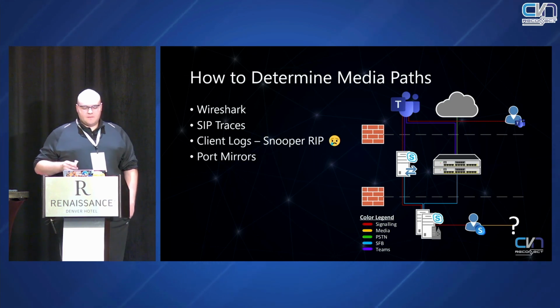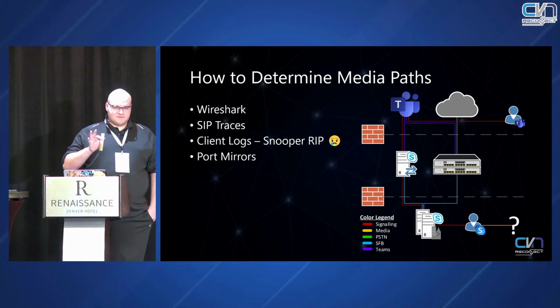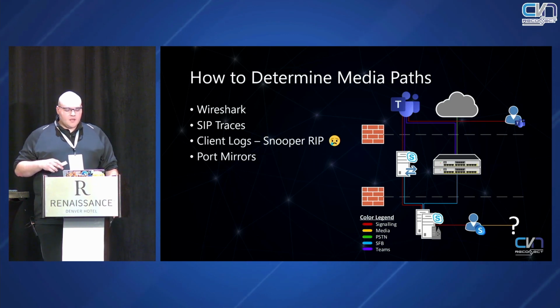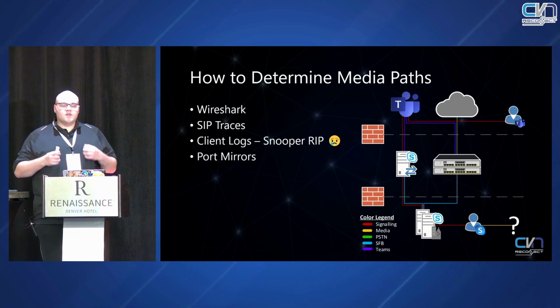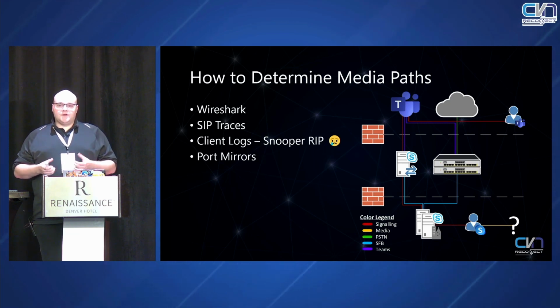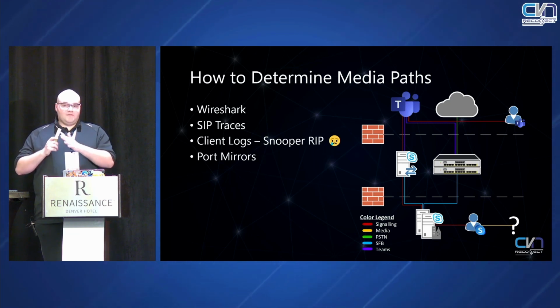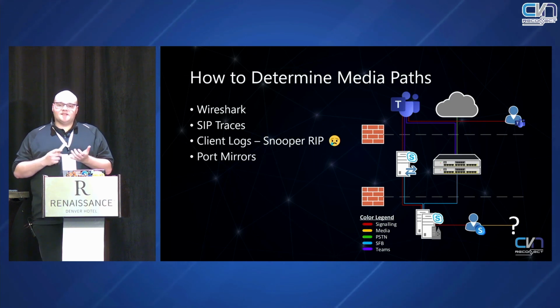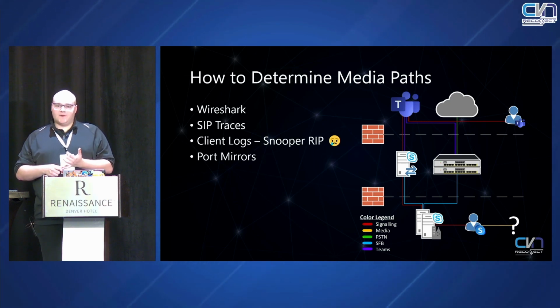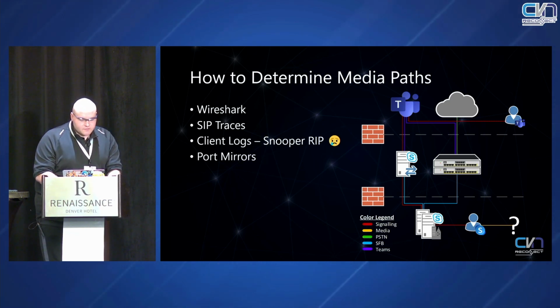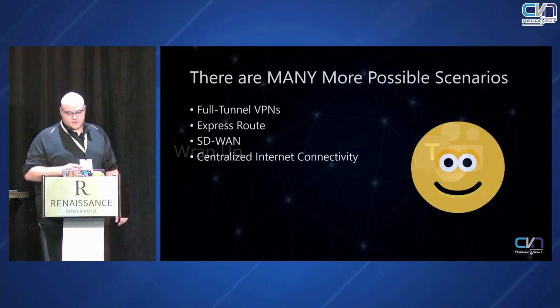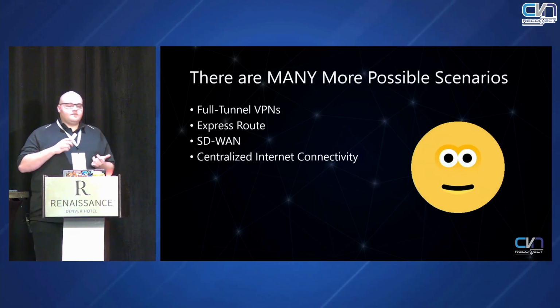So we're going to do a little bit of wrap-up, but I do have some fun in here, so stick around for that. And really, one of the things that I want to talk about is that there are many, many more scenarios. There's practically an infinite amount of scenarios depending on how your network's set up. So we've got full tunnel VPNs.